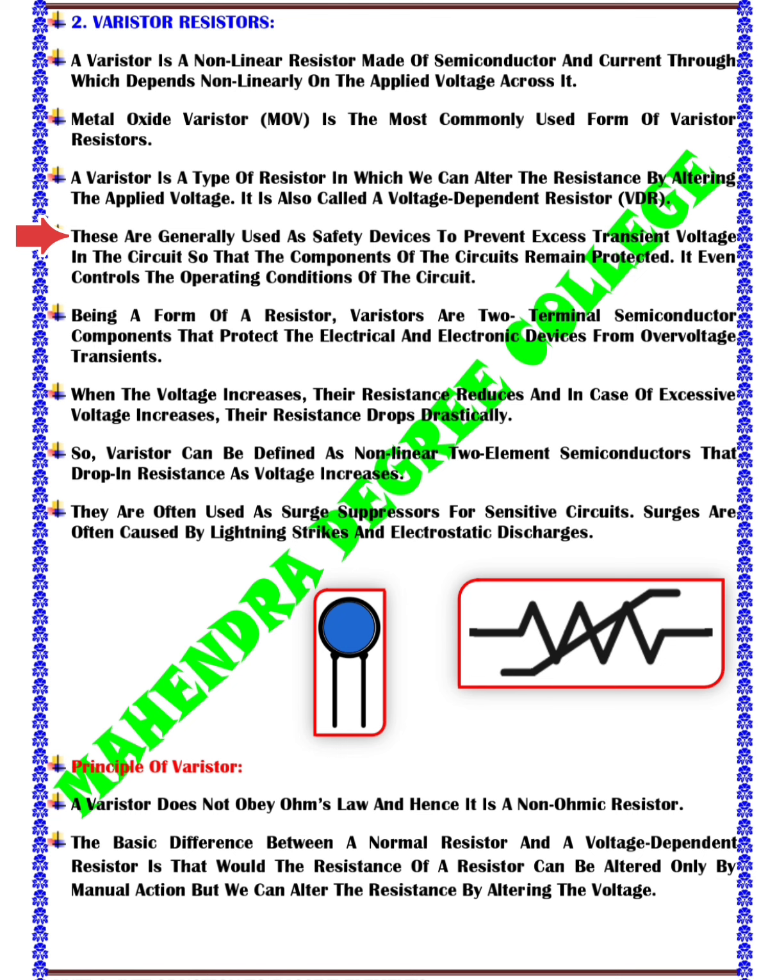They act as a clamping mechanism, shunting excess current away from sensitive components when the voltage exceeds a certain threshold. This helps maintain stable operating conditions and prevents damage to the circuit.